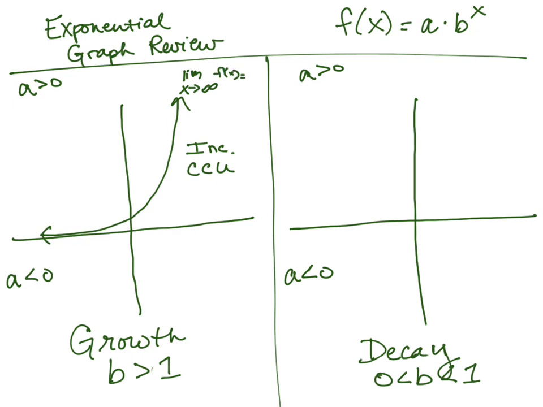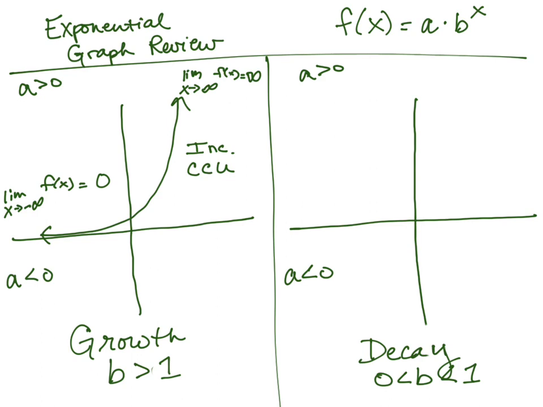F of x also goes to positive infinity. And on this tail, as x goes to negative infinity, f of x goes to 0. This is classic of exponential functions. One tail is going to go to 0. The other tail is either going to go to positive or negative infinity.